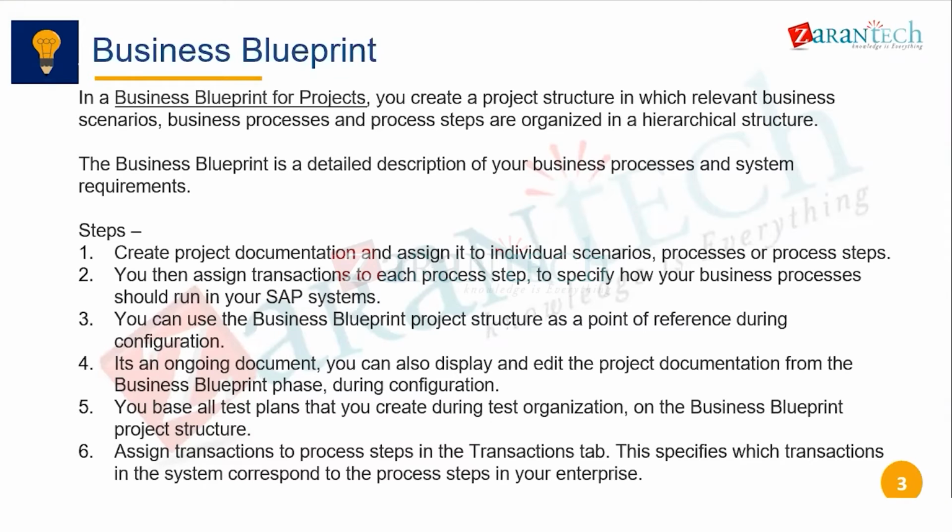That's all we have in the business blueprint, and this is the most important document for you. What we generally follow is always a requirement traceability matrix. It means for this particular requirement, we have this particular test plan, and with this test plan, these are the transactions which are used. If you jot down the requirement traceability matrix properly, the chances of failure for any particular project are bare minimum.